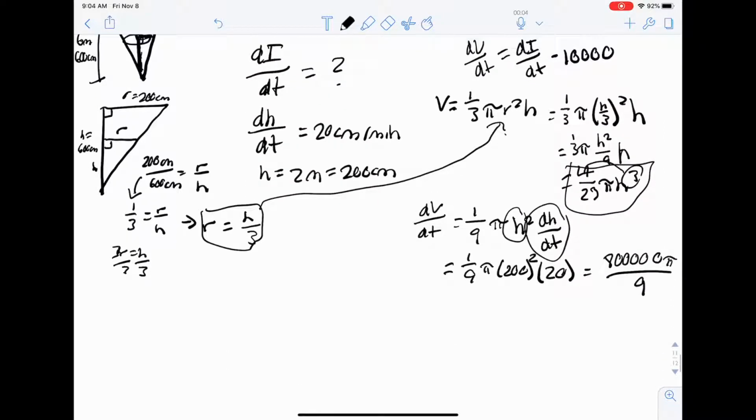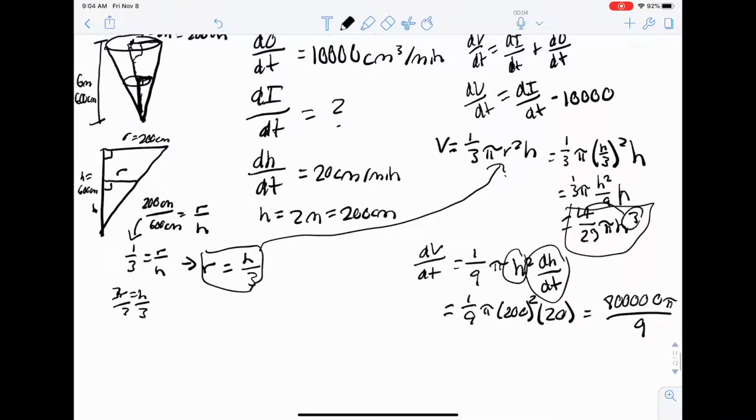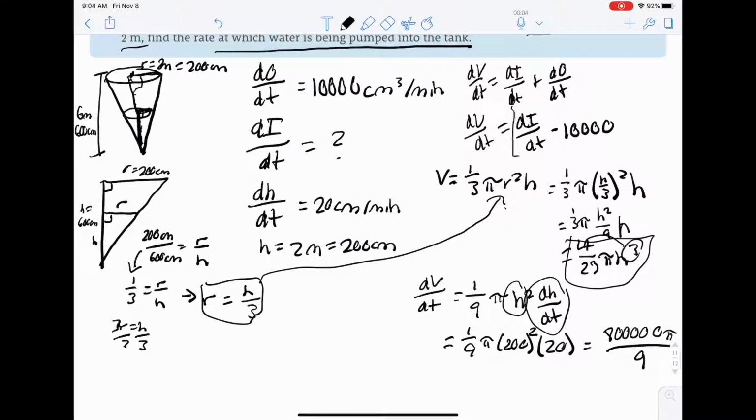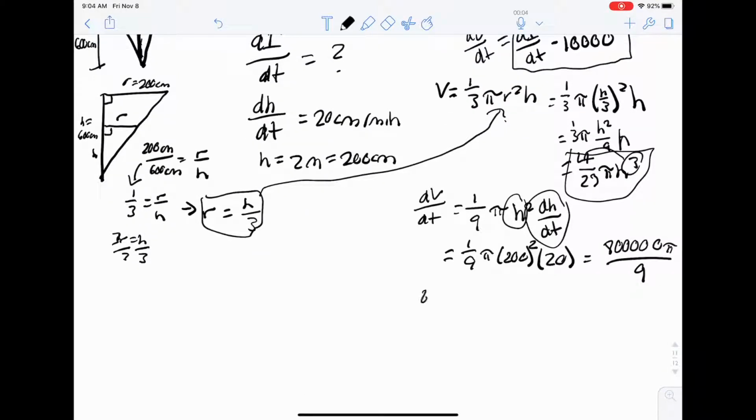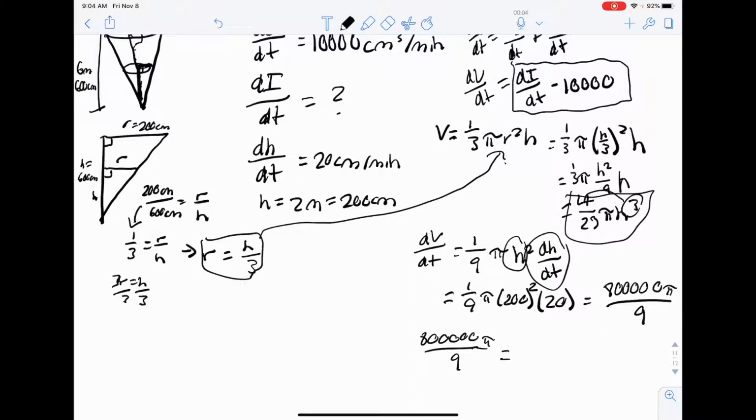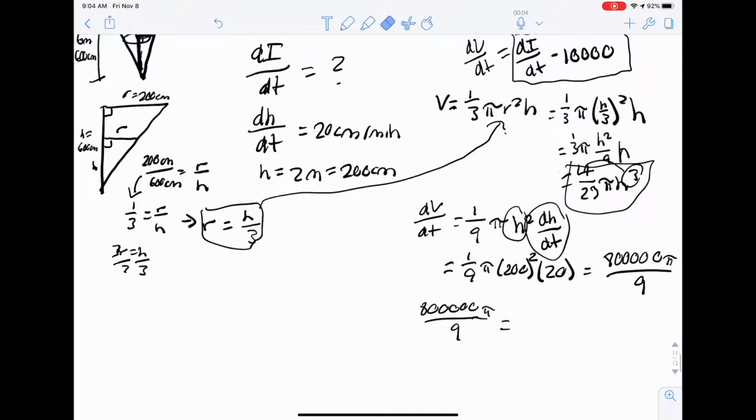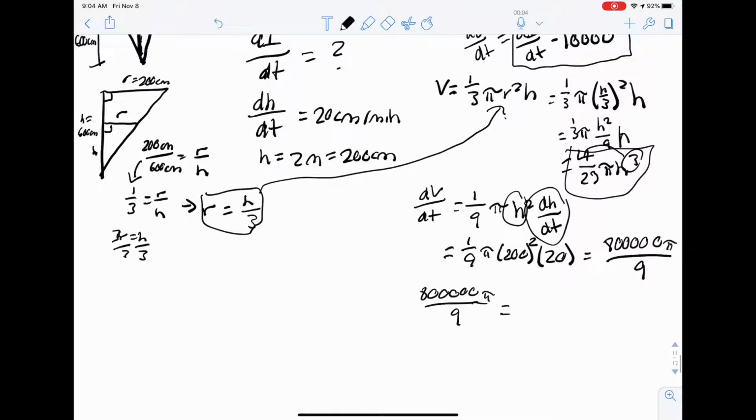So now we have our dV dt. And from up here, we know that dV dt equals dI dt minus 10,000. So we can set those equal to each other. So we're taking dI over dt minus 10,000 and setting it equal to 800,000 pi over 9, since they're both equal to dV over dt.